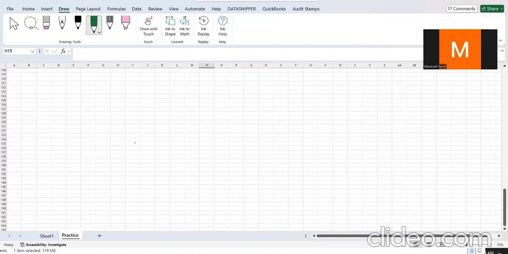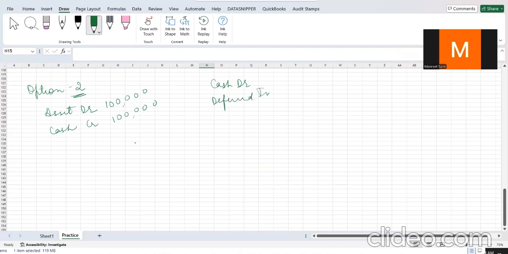Now, option two. I would record asset debit, cash credit 100,000, right? Similarly, I would record cash debit, deferred income credit, how much? 15,000, right?